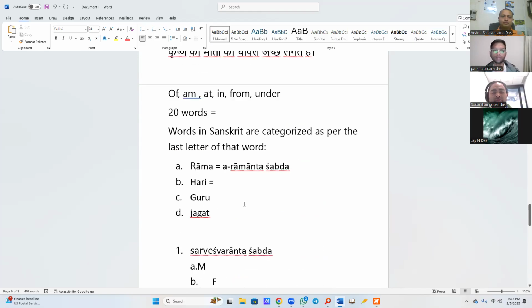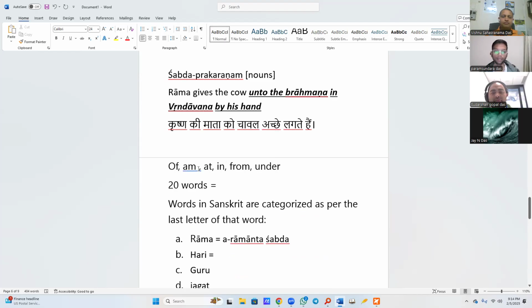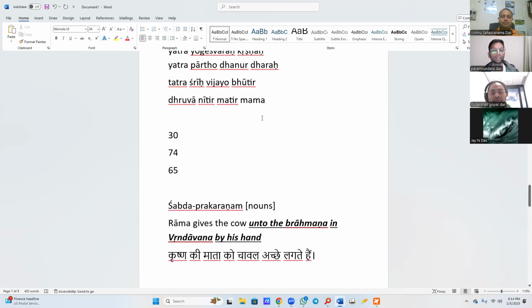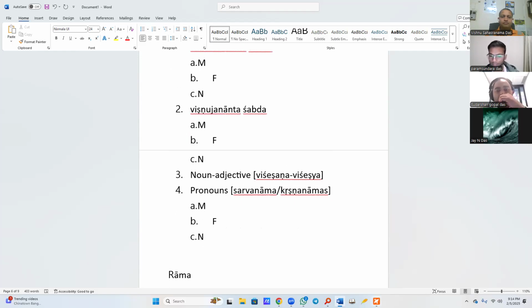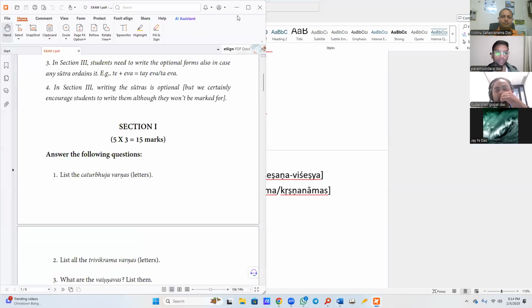So we'll continue day after tomorrow. If you are not done with sandhis, you can still cope up with the sandhis. And for the next class, let me give you a few sutras also.